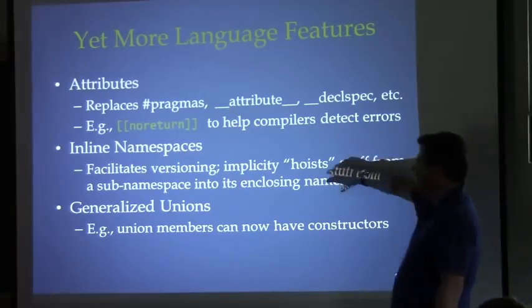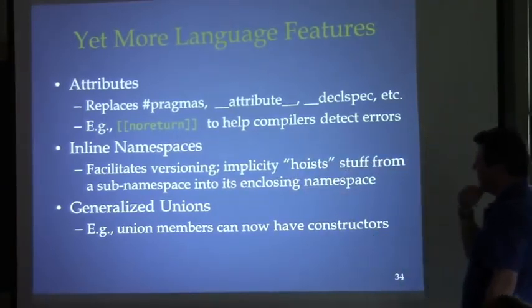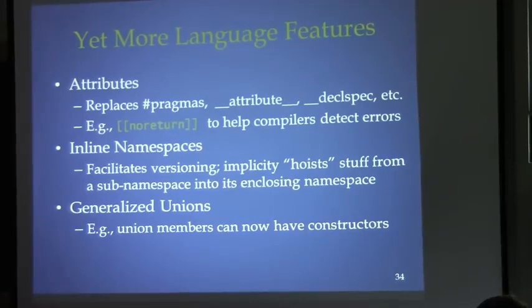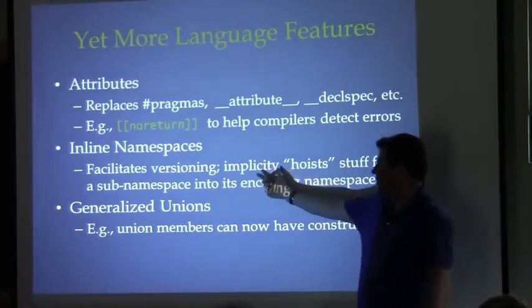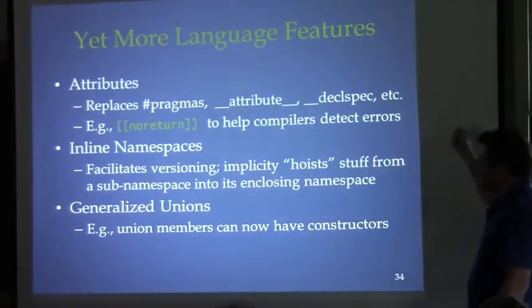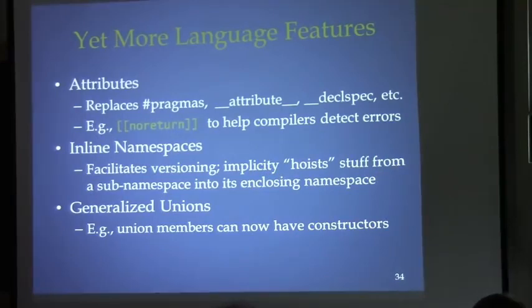All right, inline namespaces. This is another feature. It took me a while to remember what it's good for. What finally made me remember is that it's a versioning feature. It basically says you can have different versions of a particular library, and one of them is the default, and then you can change that default by making it an inline namespace.